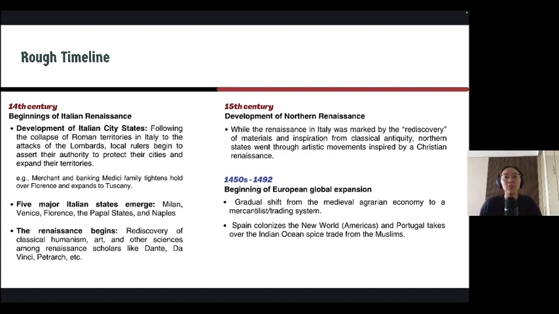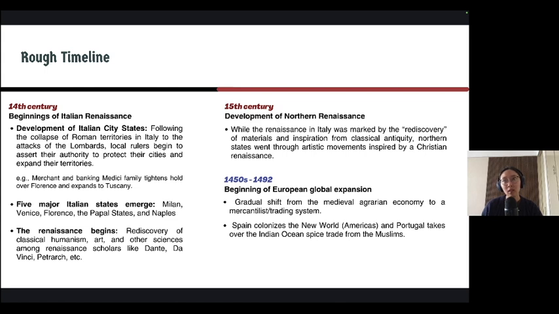So in the 15th century, another interesting thing happens because while you have the Italian Renaissance in Italy, in the north, you start to see the Christian Renaissance, right? So while the Renaissance in Italy was marked by the rediscovery of materials and inspiration from classical antiquity, northern states went through artistic movements inspired by a Christian Renaissance.